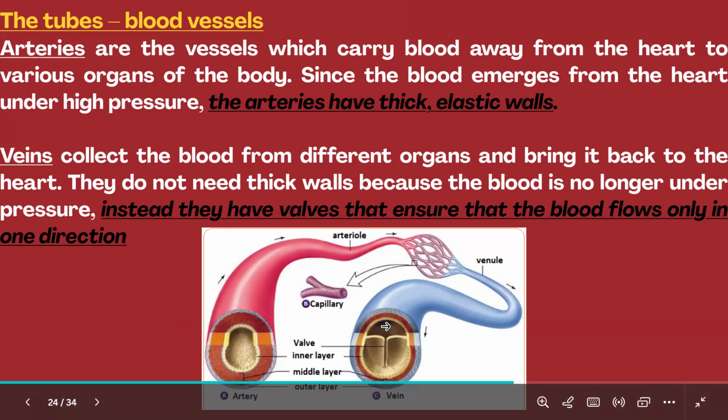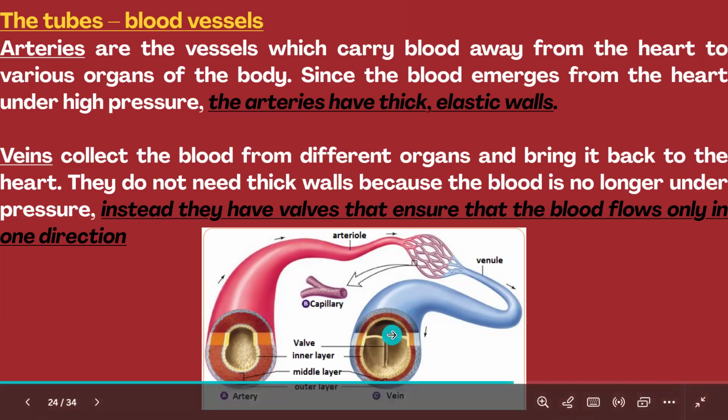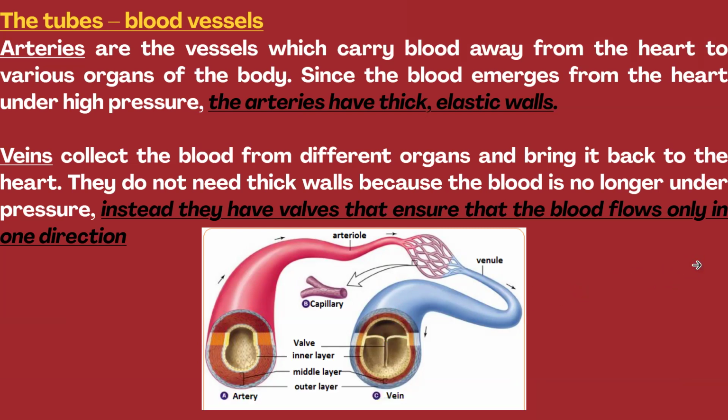It helps to prevent the backflow of deoxygenated or carbon dioxide-rich blood. Imagine the waste material present in the deoxygenated blood going back, which will damage our tissues or cells. That's the reason we have valves, which prevent backflow and help blood flow in only one direction.